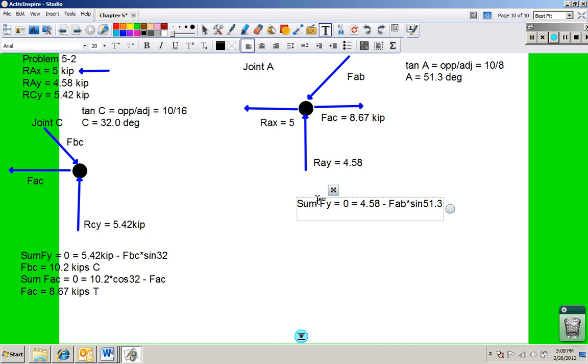And so when I solve that for FAB, it's just 4.58 divided by the sine of 51.3 degrees. I get FAB is going to be equal to 5.87 kips.